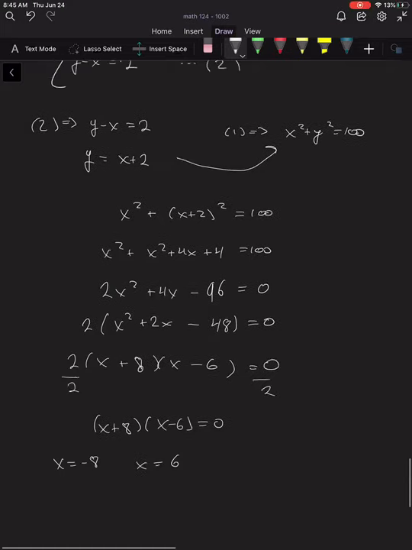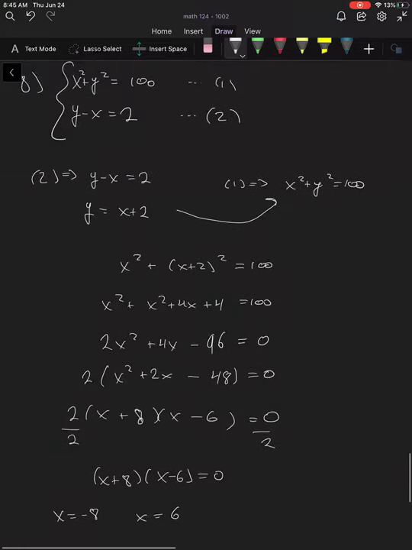To find our y values, we look at the above. We need to plug these x values back into the equations. So if we have x is minus 8 and x is 6, let's plug these numbers back into equation number 1.